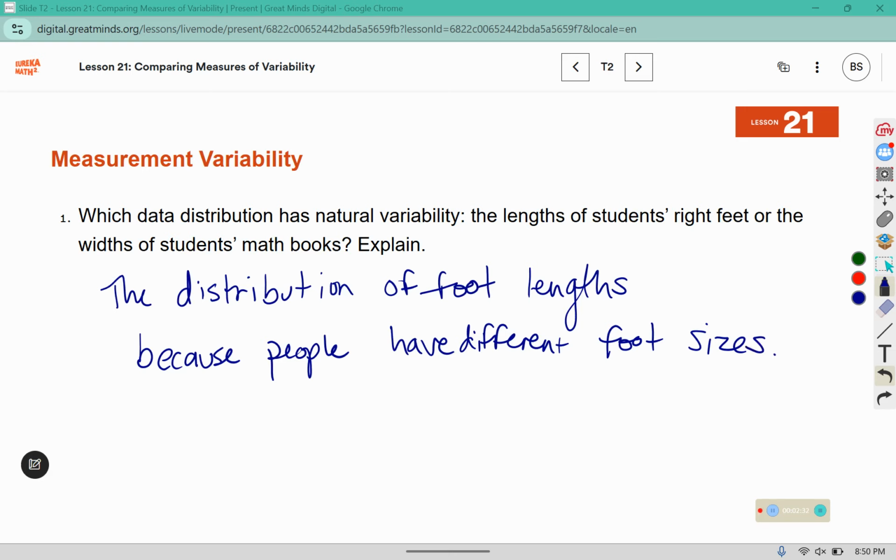All of our math books should be pretty much the same width. So that would be measurement variability.